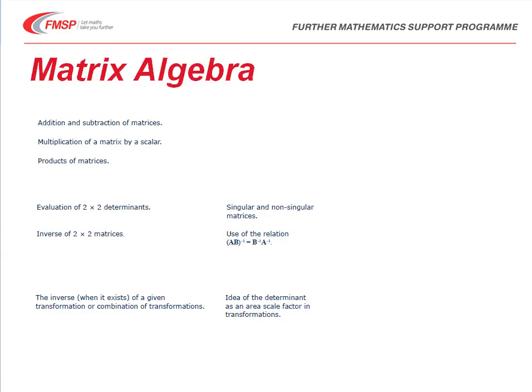The matrix algebra specification first of all looks at addition, subtraction, multiplication of matrices. That I'm going to take as read, other than to remind you that when you're multiplying matrices, then the order of the matrices is important, so that the number of elements in the row of the first matrix must correspond to the number of elements in the column of the second matrix.